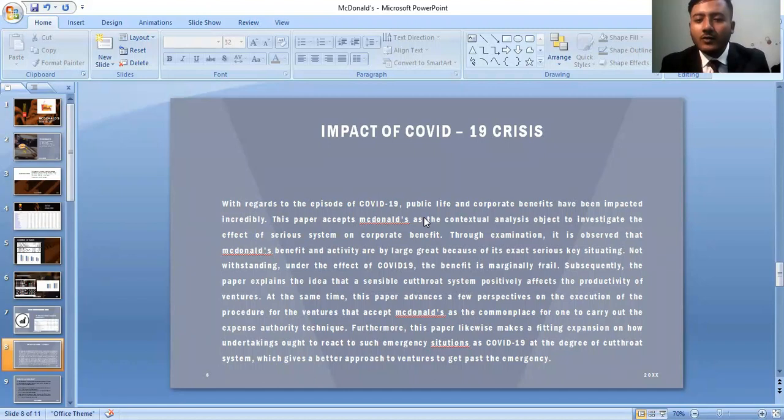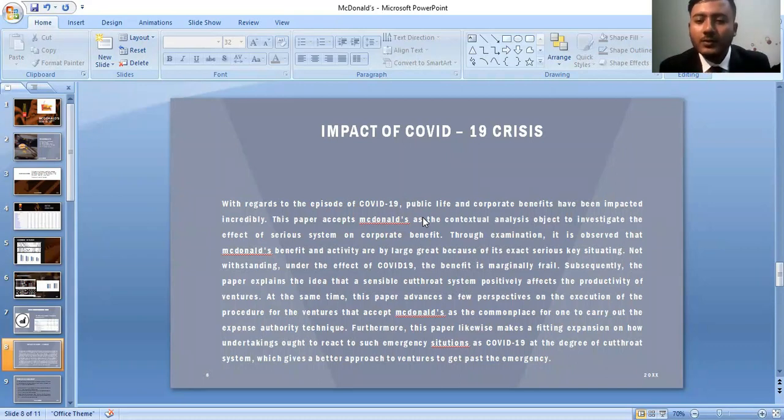Nevertheless, under the effect of COVID-19, the profit is slightly weak. Subsequently, the paper explains the idea that a sensible competitive strategy positively affects the productivity of the enterprise. At the same time, this paper puts forward some perspectives on the implementation of the cost control technique for the enterprise that takes McDonald's as the example.